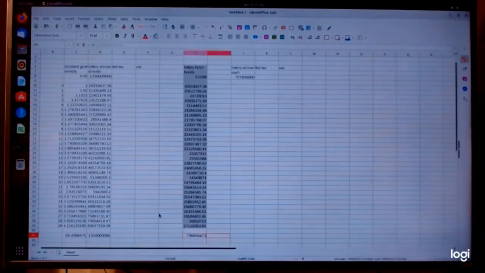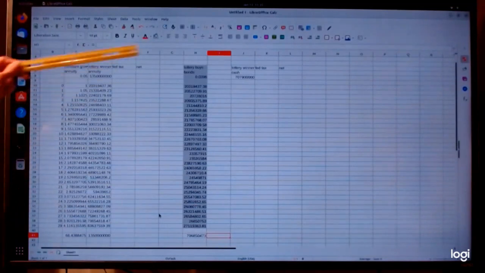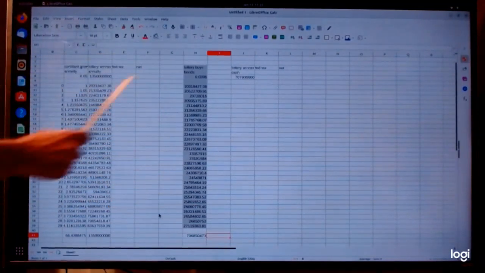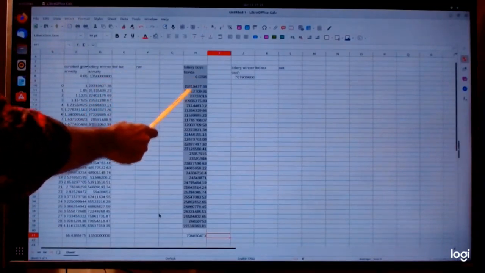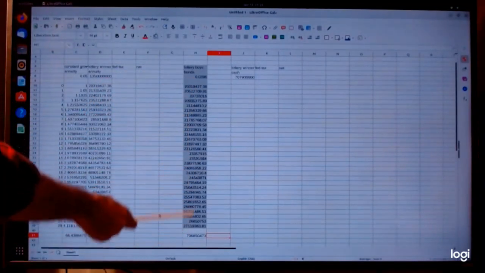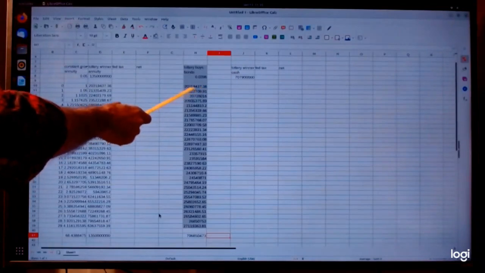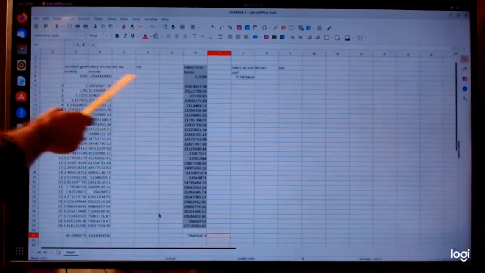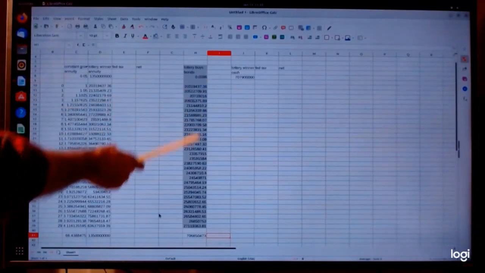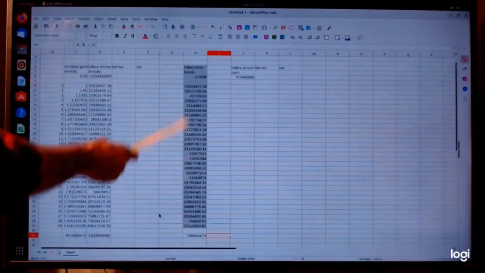Okay, that's our, see the lottery gives you the first payment as cash, and it buys bonds with the rest of that jackpot. One bond matures in 1 year, and that's the interest rate that all of these bonds yield.